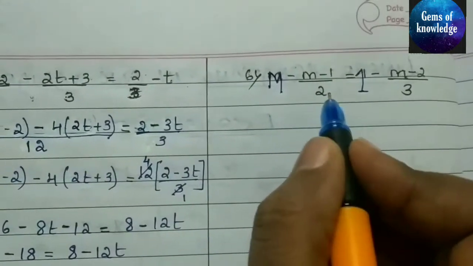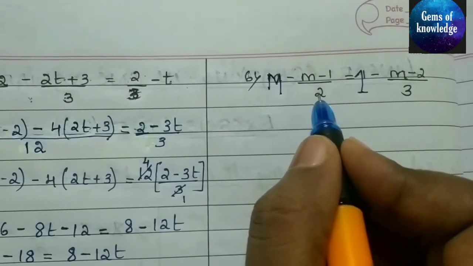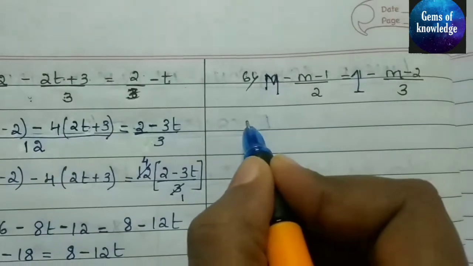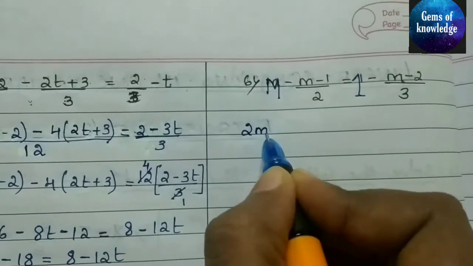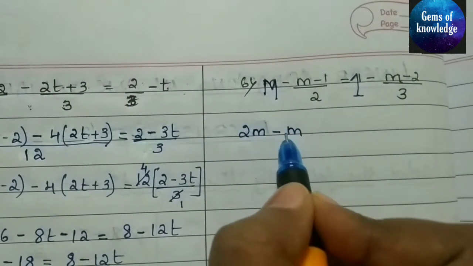Okay, so what we have to do here is, we have to multiply this 2 to this number first. So here we are getting 2m minus m.